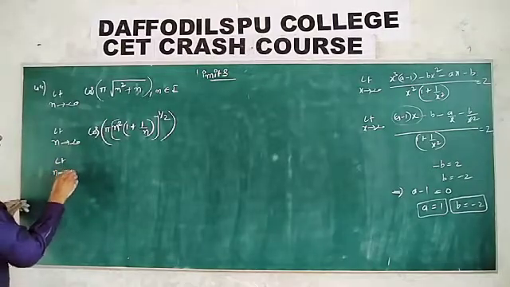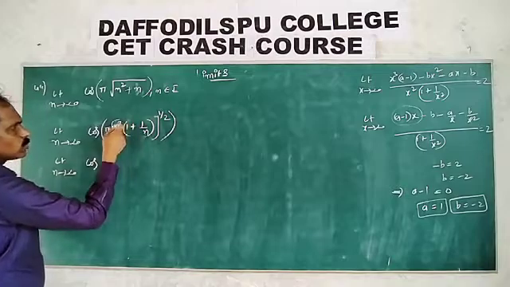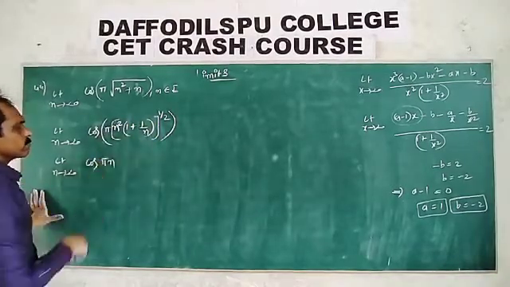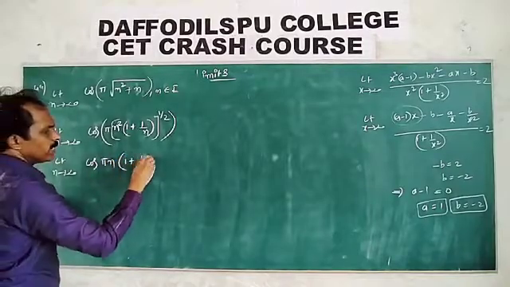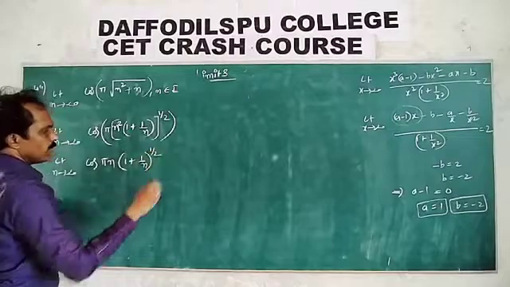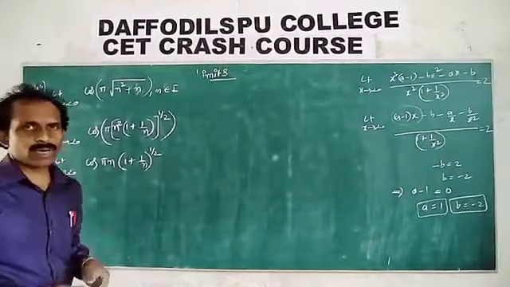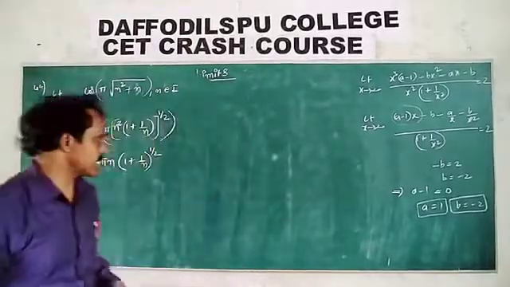Limit n tends to infinity of cos, n square outside, square and root cancel. So therefore pi n times (1 plus 1 by n) whole to the power of 1 by 2. By the binomial theorem expansion of (1 plus x) to the power, this is a rational index.